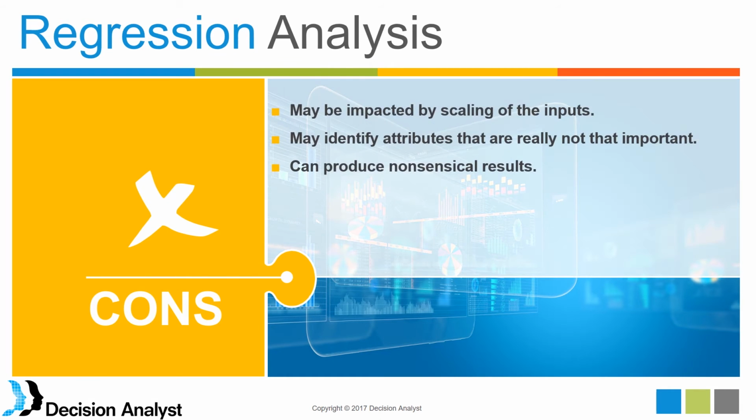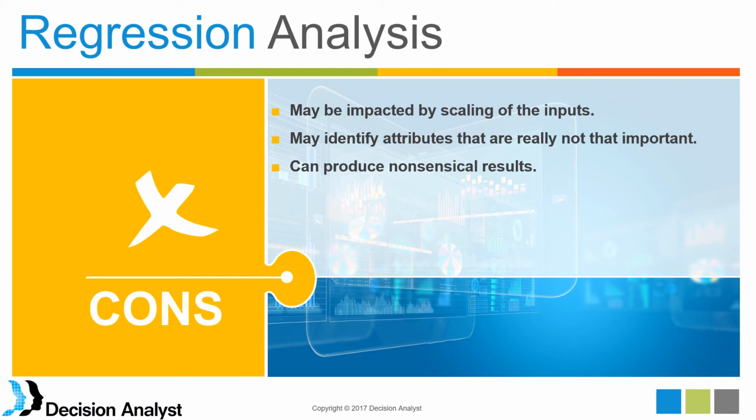But there are some significant disadvantages. Regression based on ratings also can be impacted by the scaling of the inputs. And this means that your attributes really do need to be rated on the same scale as your outcome if you're using linear regression. It can identify attributes that are not important.